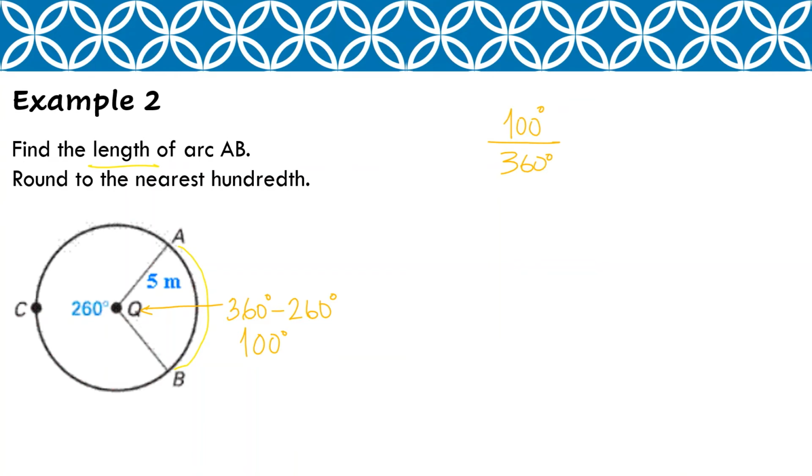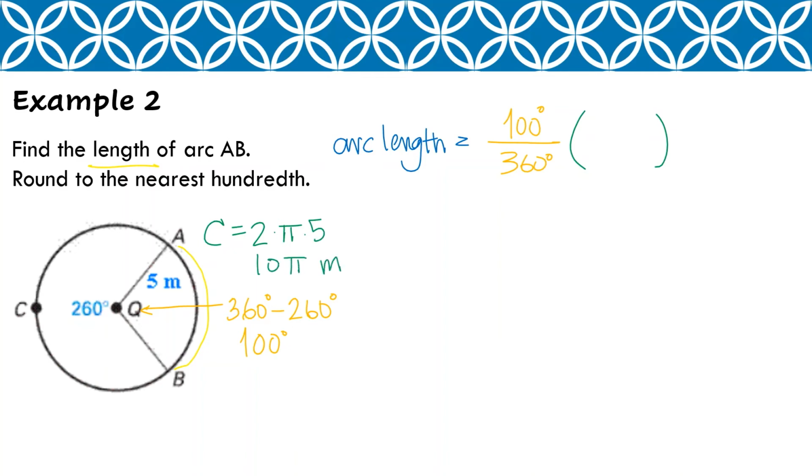If I wanted to find the arc length, I would multiply that fraction by the circumference. The circumference, 2 times pi times the radius. The circumference is 10 pi meters. Fraction of 10 pi. Now we can reduce here if we would like, or we could just multiply across.